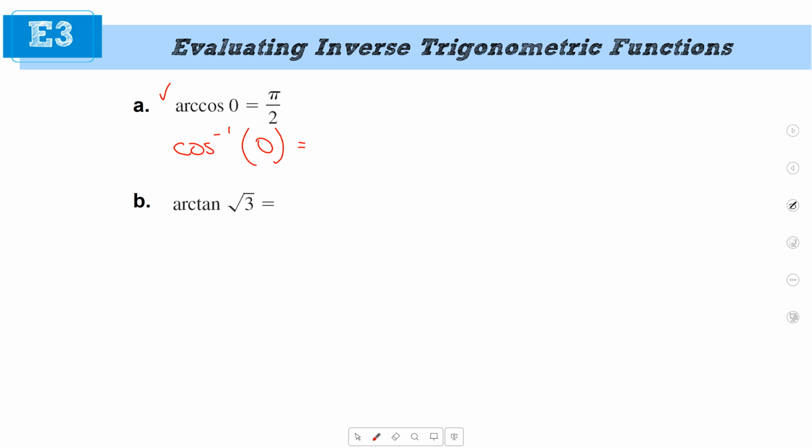Okay, how about the arctangent of the square root of 3? That is on the unit circle where the y value is the square root of 3 over 2, and the x value is 1/2, and they either both have to be negative, or they both have to be positive. By the way, I'm just giving you what I'm doing in my head.